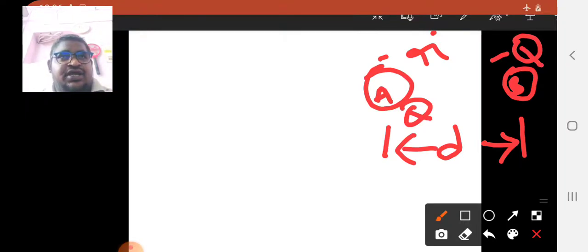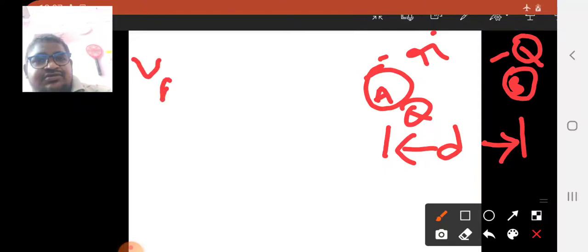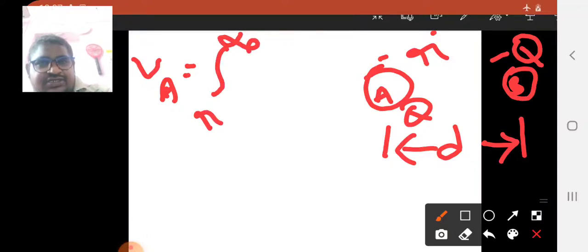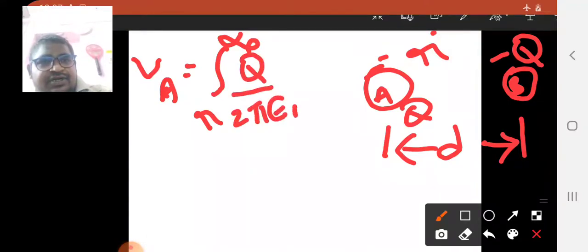Then what is the total potential difference between conductor A and neutral, that is the infinite plane? Now I find out the potential at A. VA is equal to the integral from r to infinity, due to the A charge, of Q by 2 pi epsilon naught x dx.